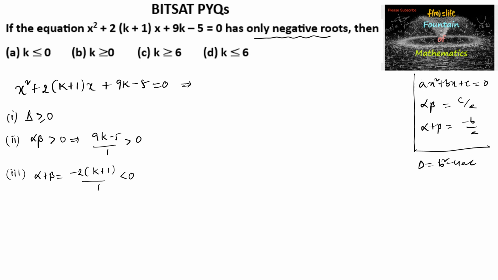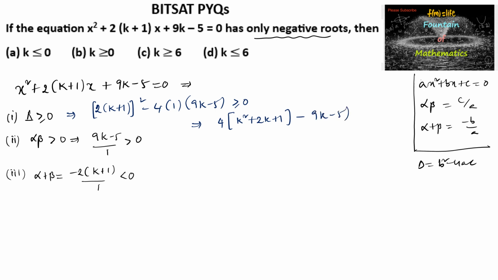So let us simplify here, which implies (2 times of (k plus 1)) whole square minus 4 times of 1 into (9k minus 5) is greater than or equals to 0. So which implies 4 times of (k square plus 2k plus 1 minus (9k minus 5)), with 4 taken common, greater than or equals to 0, or we can simplify k square plus 2k plus 1 minus 9k plus 5 is greater than or equals to 0.